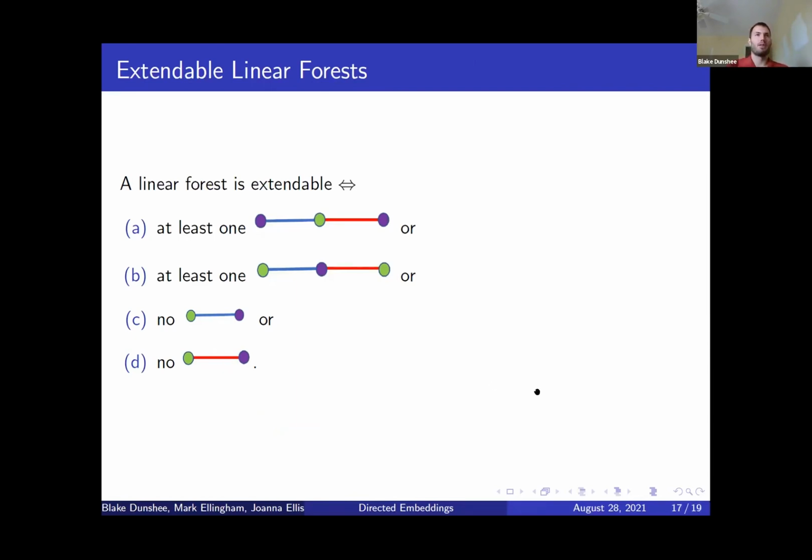And the problem then boils down to figuring out which of these you can piece together. It's like if you've ever played with Connect, you've got to figure out which ends line up so that you can make the whole thing into a cycle here. And so we're able to characterize when linear forests are extendable.